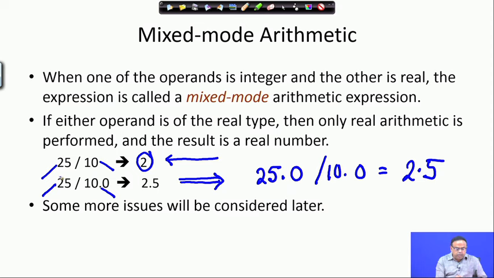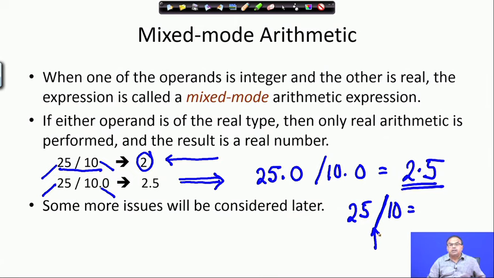Let me put in one twist on this. Suppose 25 divided by 10 is actually, if I divide, 2.5, right? But since this operator is an integer division, it will find the quotient, and the quotient is an integer.